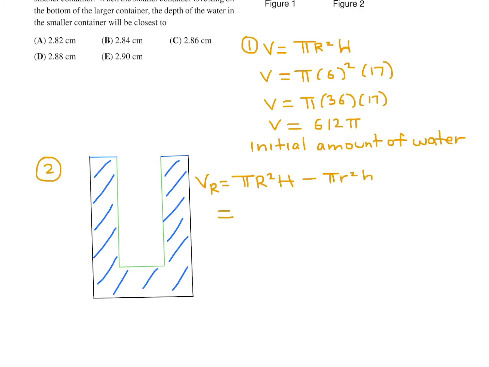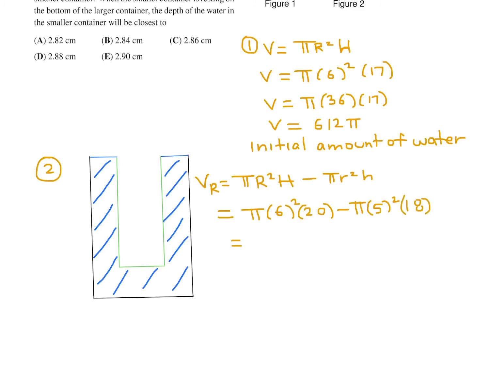So let's see. Pi, radius of the big cylinder was 6. They tell you that in the question. The full height of the big cylinder is 20. And then the container that is smaller has a radius of 5, and the height of the small container is 18.